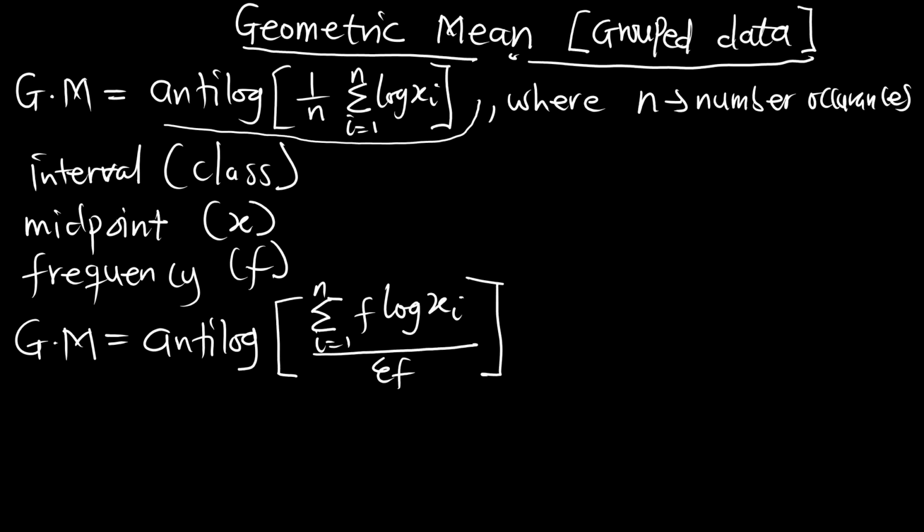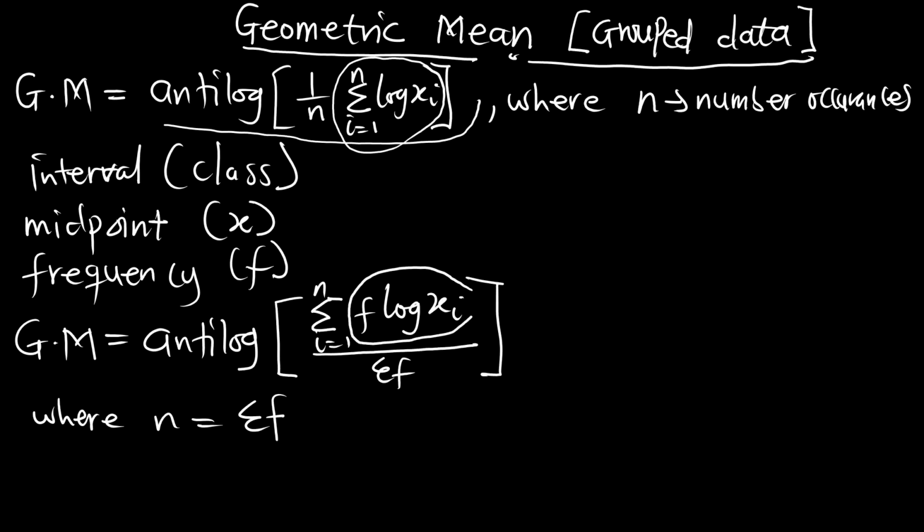So here we are just replacing n, where our n is just equal to the summation of what? The frequency. So instead of just finding the summation of the log x, we are going to find the summation of the frequency multiplying the log x.